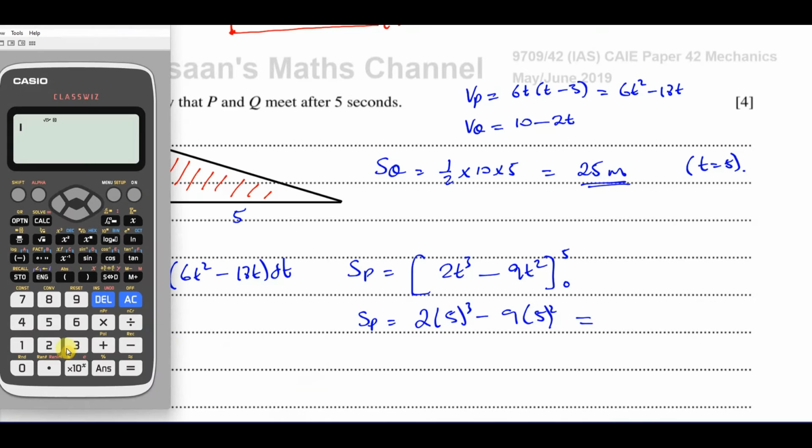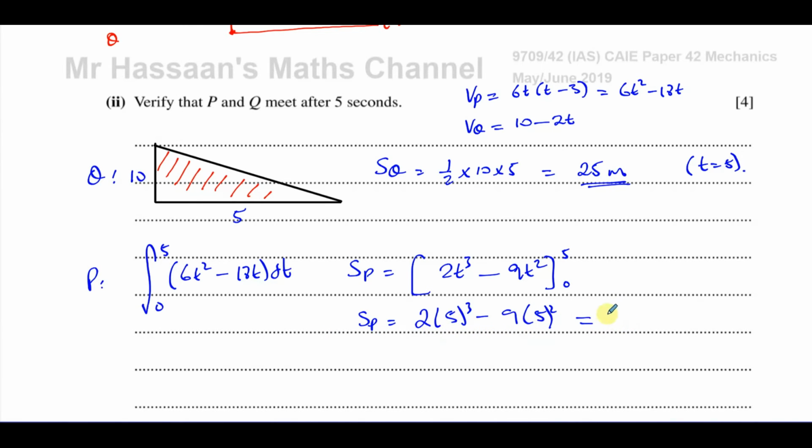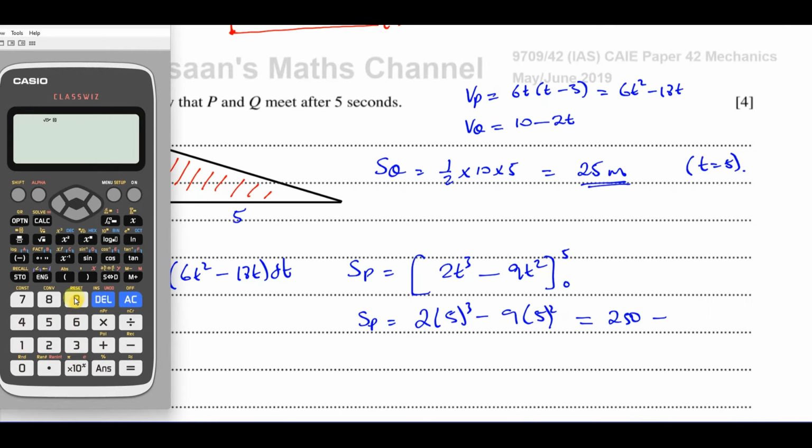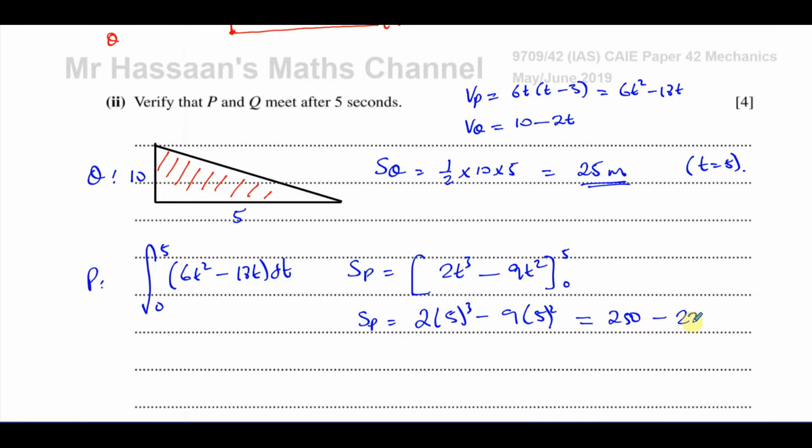Let's see, we have 2 times 125. 2 times 125 is 250, minus 9 times 25, which is 225. So we can see that 250 minus 225 is going to give us 25 meters. So the displacement of P when time equals 5 is 25 meters.